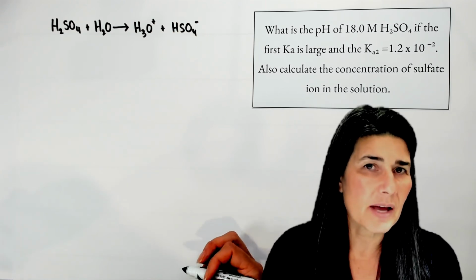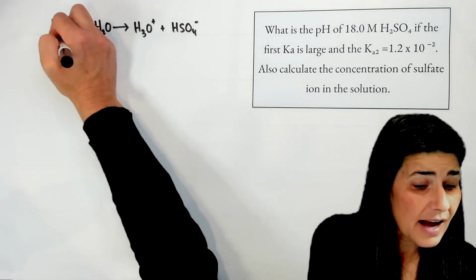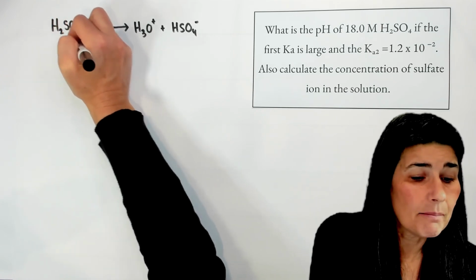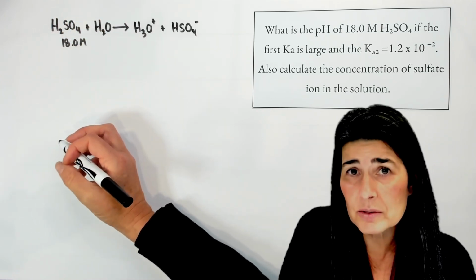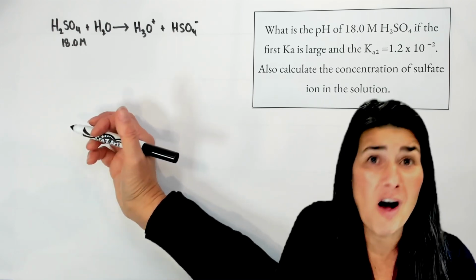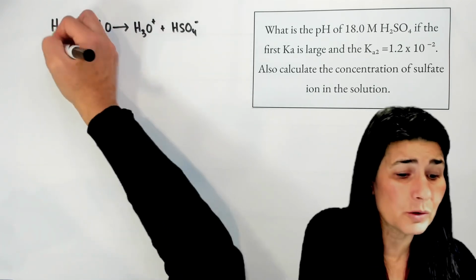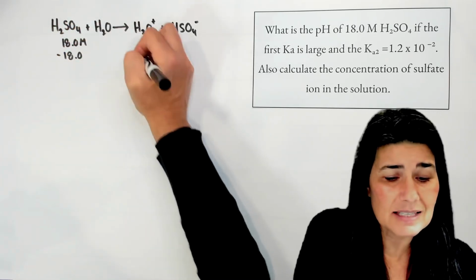Now, we're going to go ahead and do what's basically an ICE table. I start out with 18 molar sulfuric acid. Now, how much of that do I lose? Not a little bit, not minus x. I'm going to lose it all. It 100% will lose that first H+. So I'm going to take away 18 here.